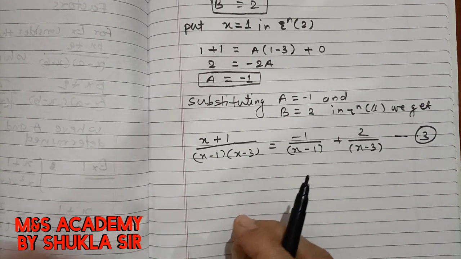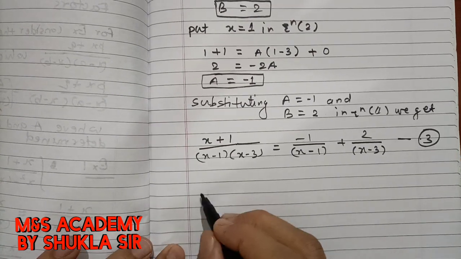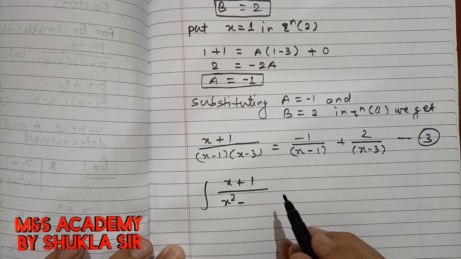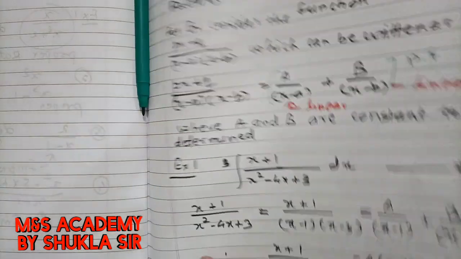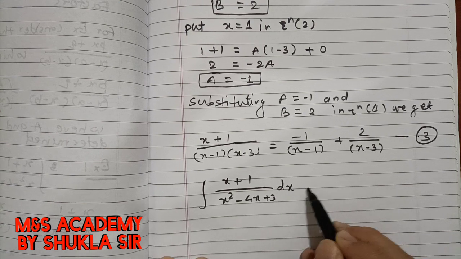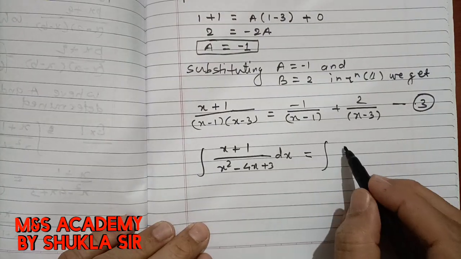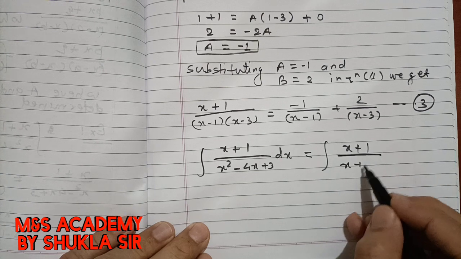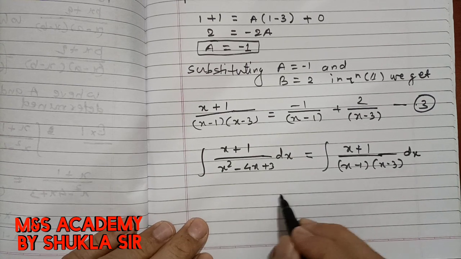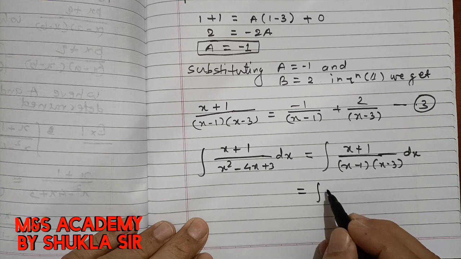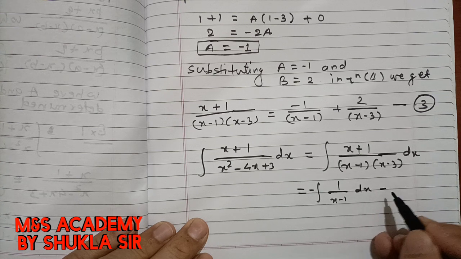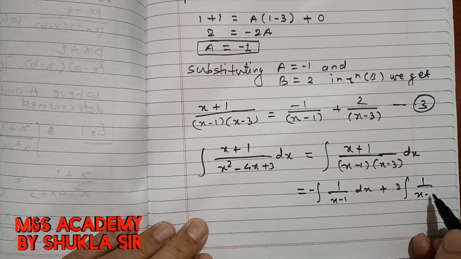So finding the integral of (x plus 1) divided by (x square minus 4x plus 3) dx is the same as finding the integral of (x plus 1) divided by (x minus 1)(x minus 3) dx, which is the same as finding the integral of minus 1 by (x minus 1) dx plus 2 by (x minus 3).